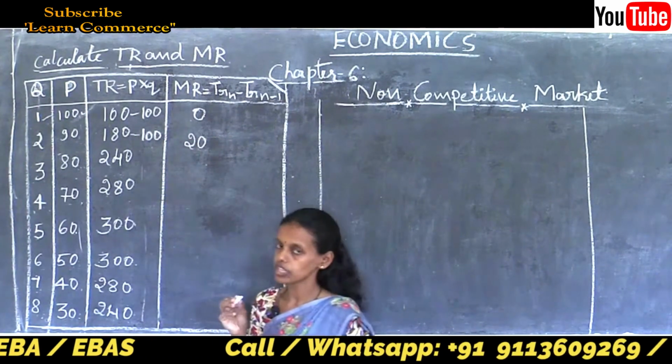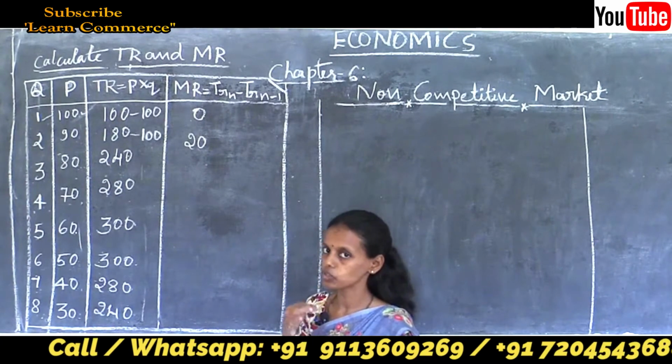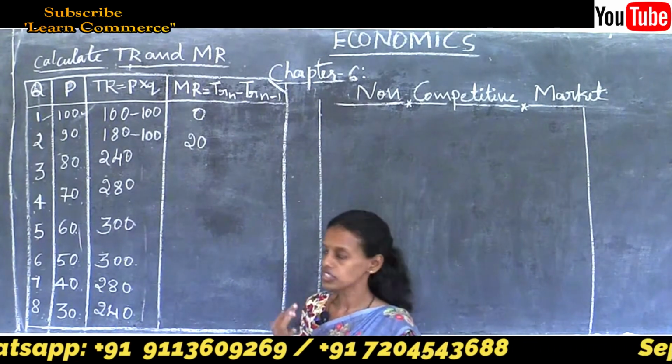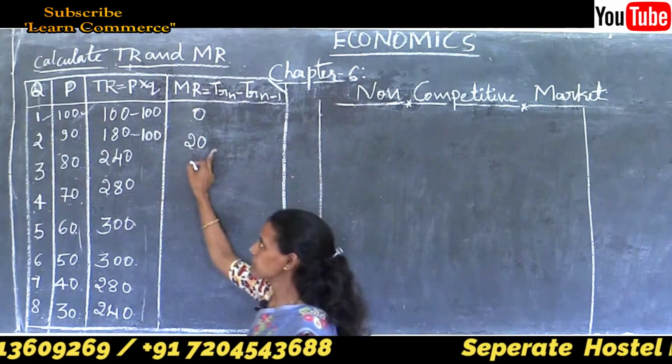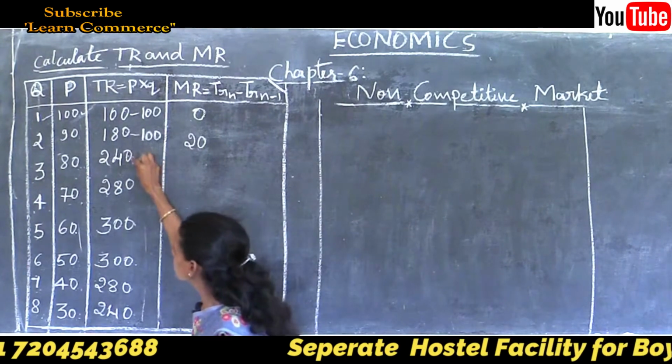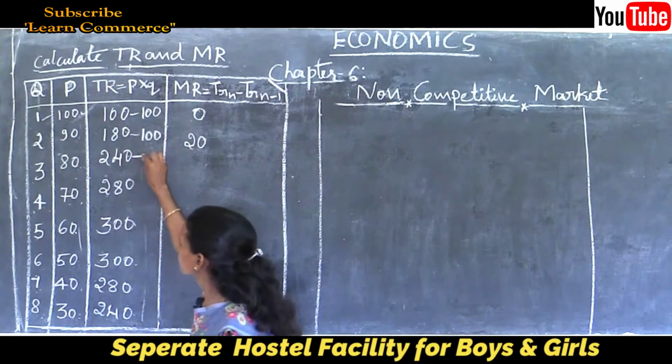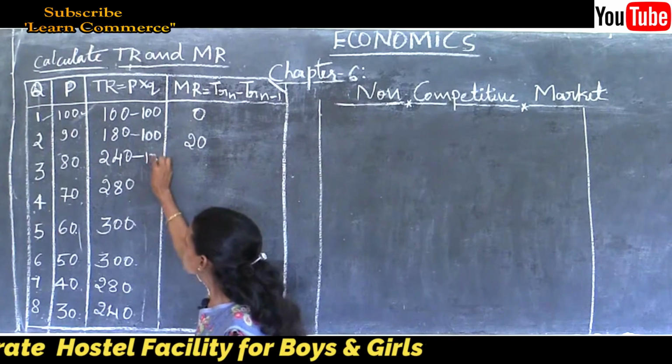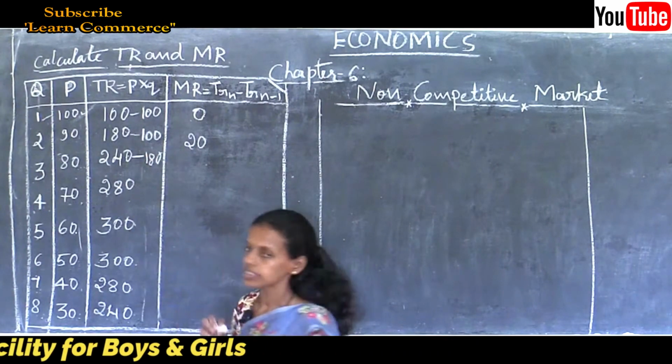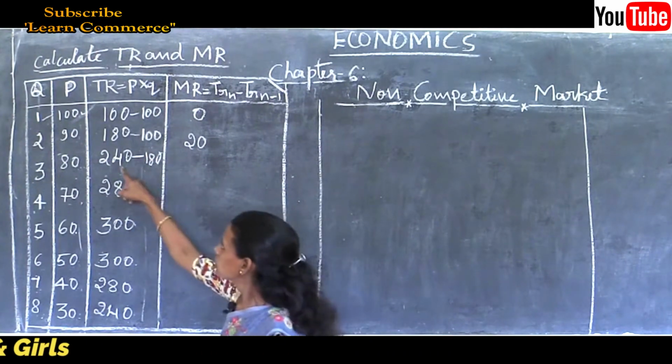Marginal revenue, or extra revenue earned by the monopoly firm, is 80 units. Next again 240 minus 180, that is 60.